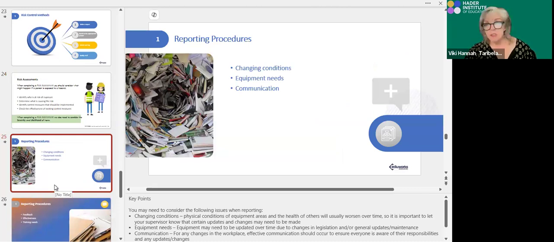So conditions change, and equipment needs change. It might be that you've got an ergonomic chair that you need for someone, a larger screen, breaks, making sure you take those, staying hydrated. Lots of different things sit around workplace health and safety, and communication, even our language, our wording.